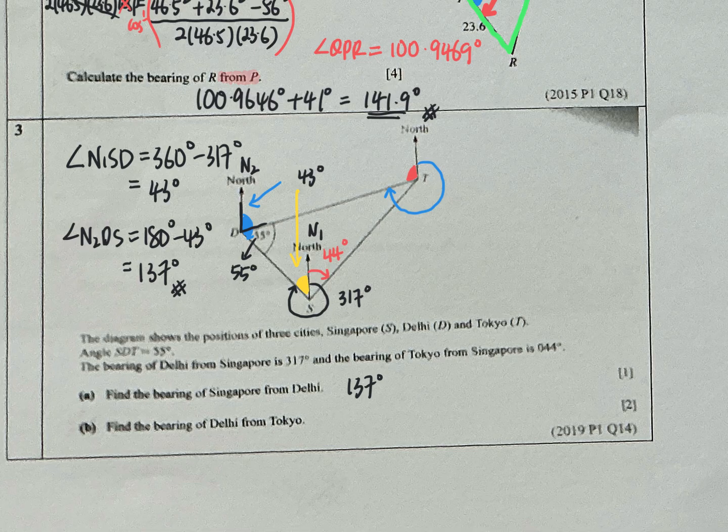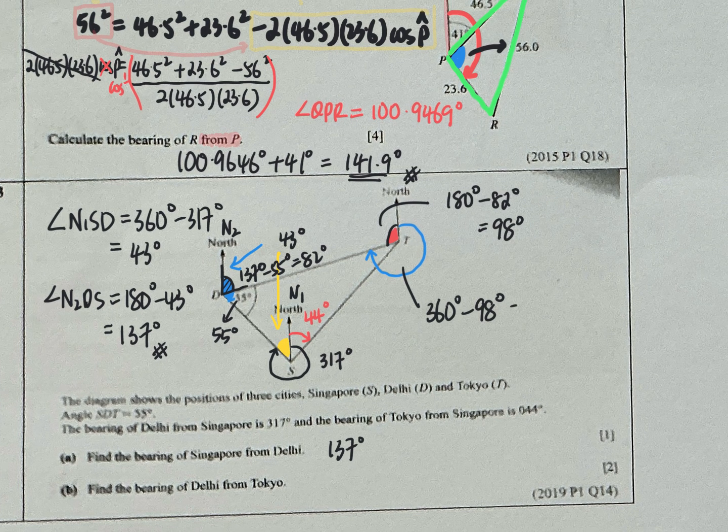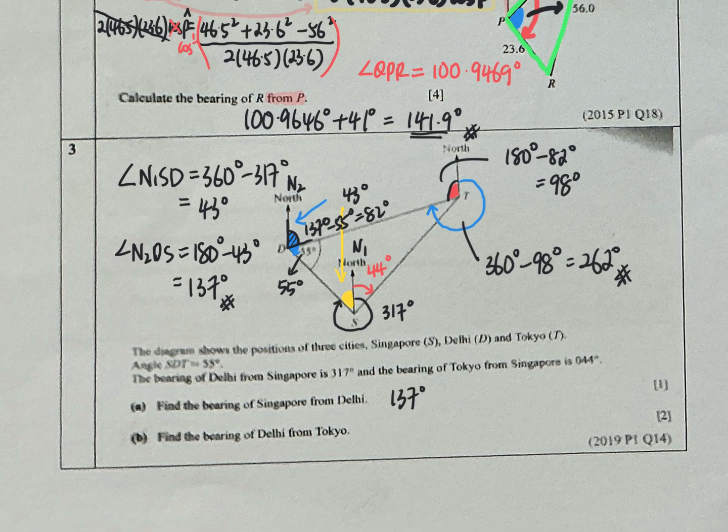So I can find this angle by using 137, take away 55. So I get 82. Once I know this is 82, I can find the red angle here by using 180, take away 82. So it's 98. So this whole angle is 360, take away 98, which is 262. Okay, so this is the bearing.